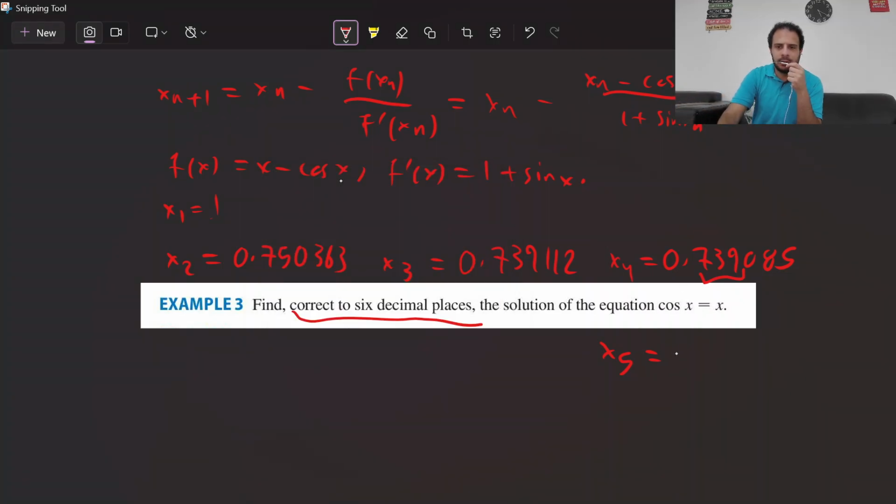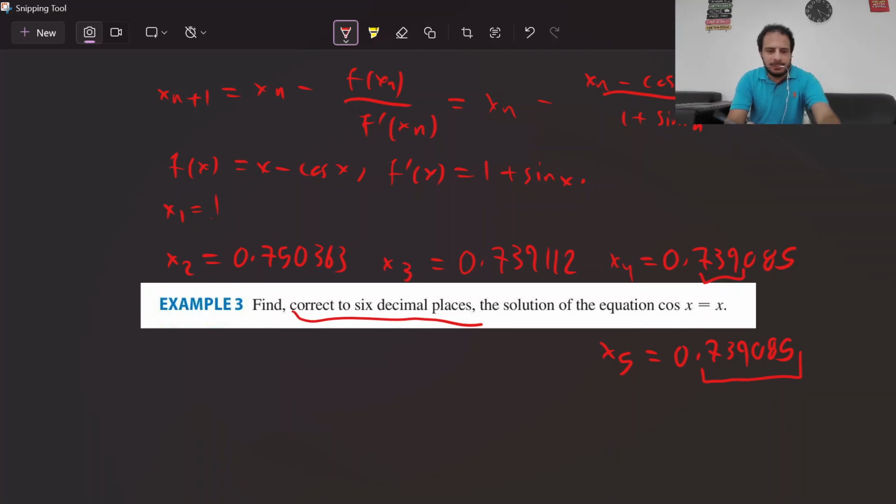So we get 0.739085. We have correct to 6 decimal places now, right? Yes. So we stop here. For this one, it's good like this.